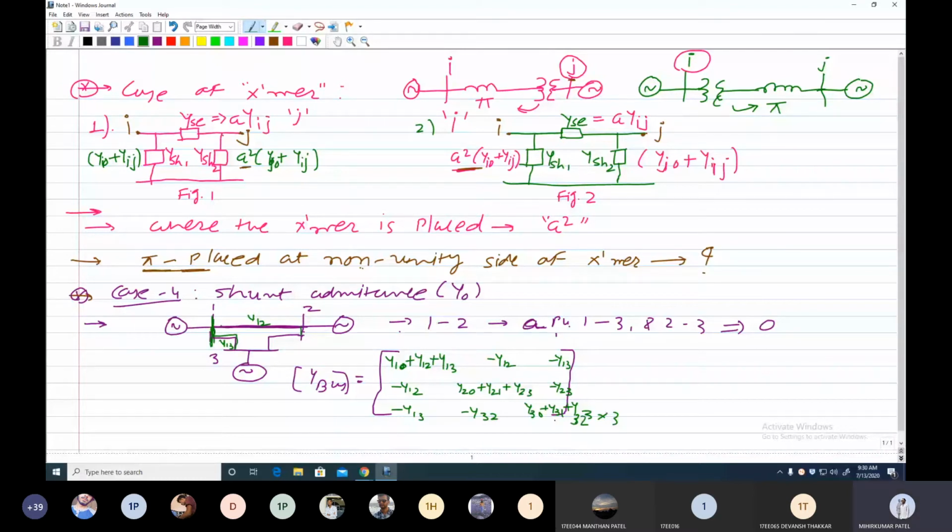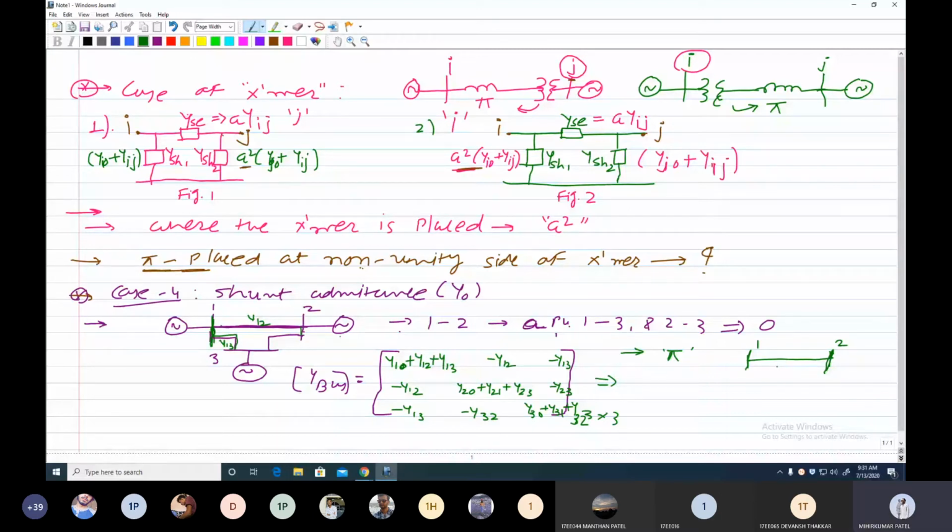So we have to calculate the line admittance offered by line 1-2, which is connected between bus number 1 and 2. We are considering the pi model, so just only line 1-2. The shunt admittance of this transmission line 1-2 is A, and we are considering the pi model.